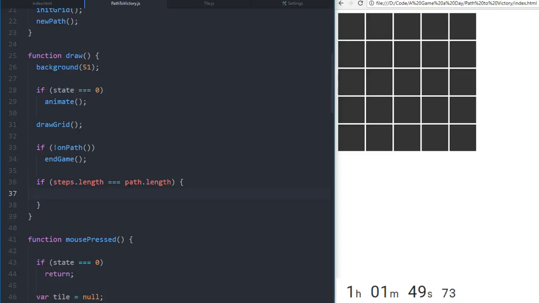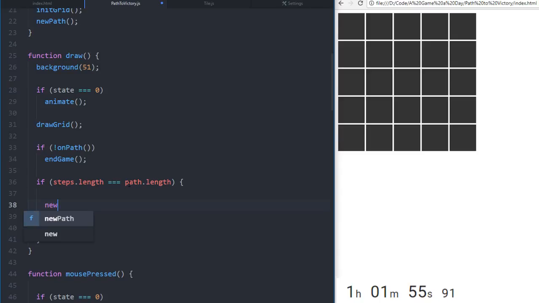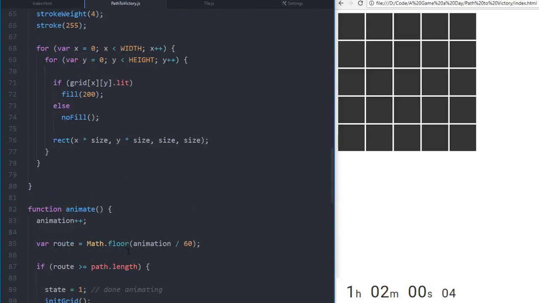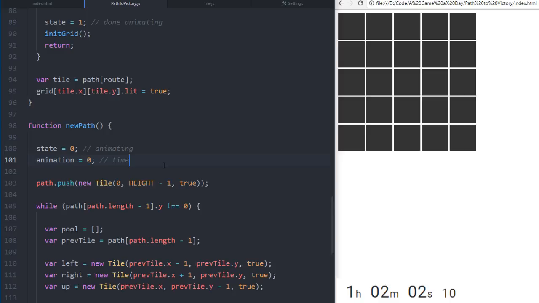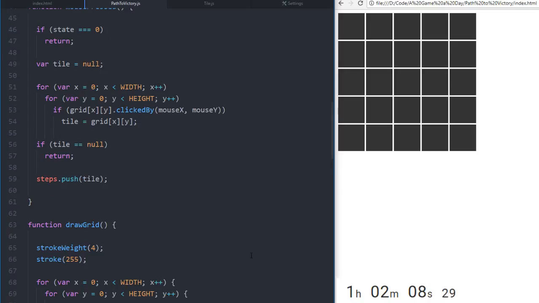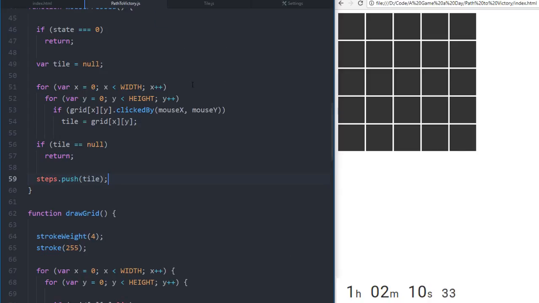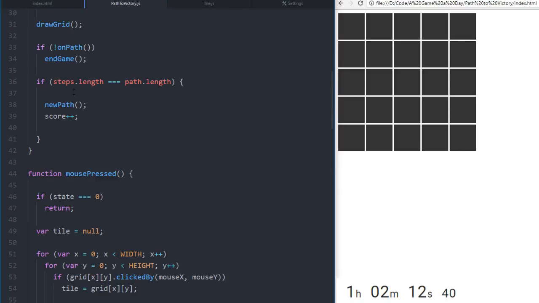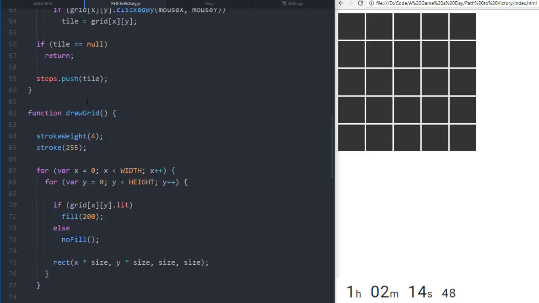Here, score plus plus, you want new path. So within new path, we need to say path equals an array. So it clears. Say steps.push tile. So we need to say on path.